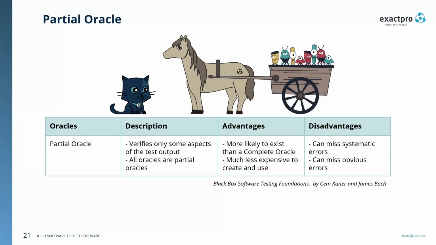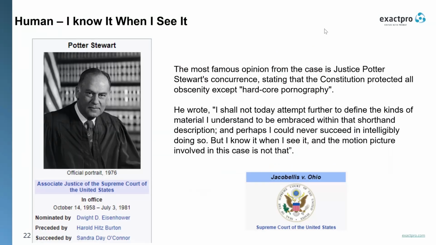Another fun test oracle in Doc Hoffman's classification is the human oracle, when you specify that a human decides if something is good or bad.